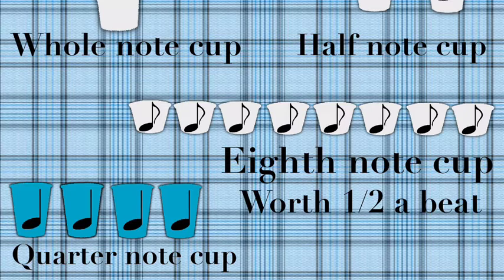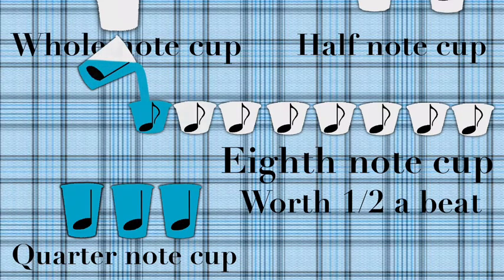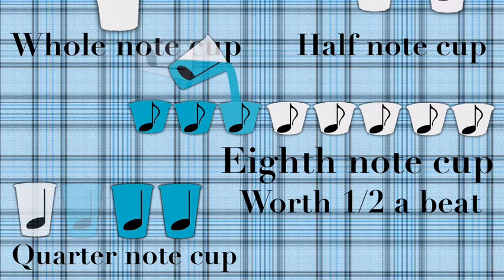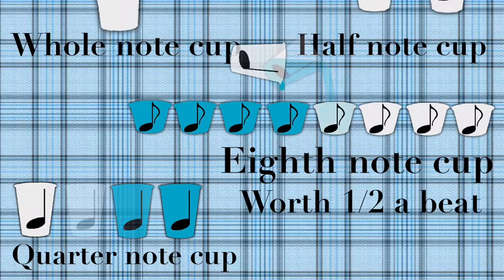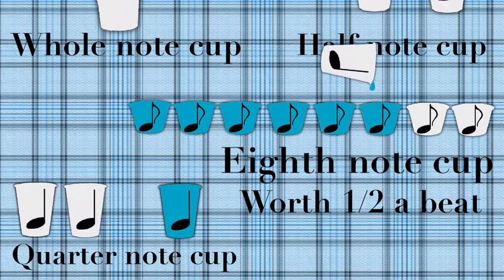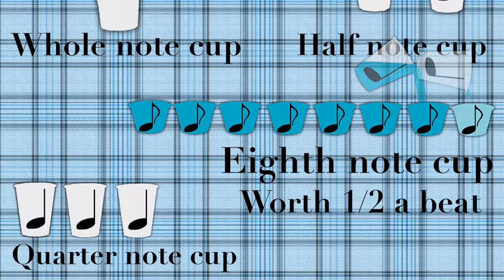Right now we're going to pour our water from our quarter note cups into our 8th note cups and see how many cups we have. And when we get to one of the cups, we're going to count it as 1 and 2 and. Okay, let's pour the water in there. 1 and 2 and 3 and 4 and.